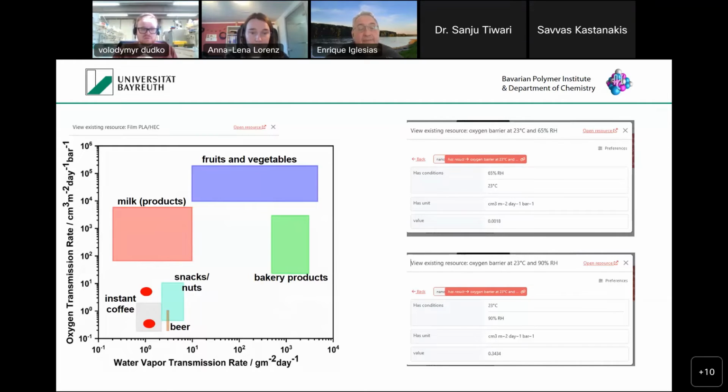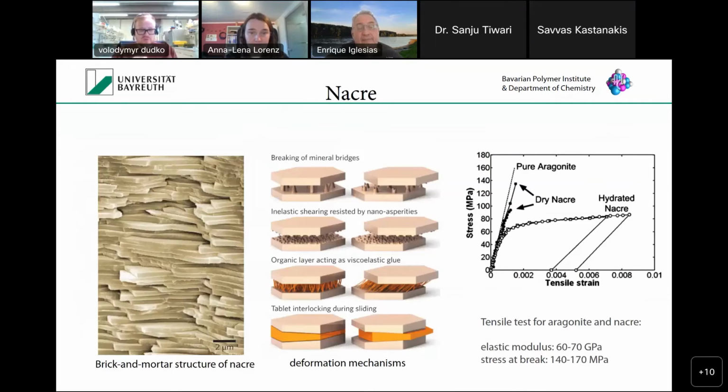Another important part of my research is that these barrier coatings are not only good for barrier, but also for mechanical properties, because they represent the structure of the natural nacre, which consists of a very small amount of organic phase and inorganic phase, which in the nacre is aragonite crystals.